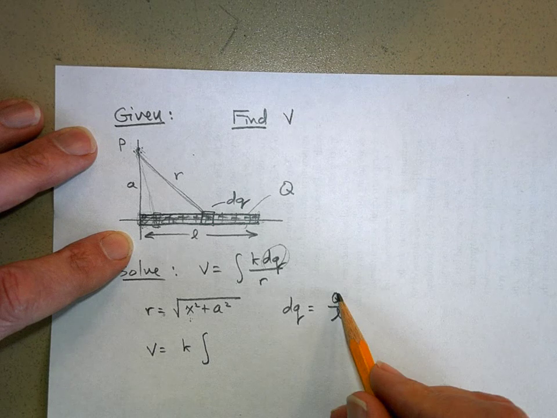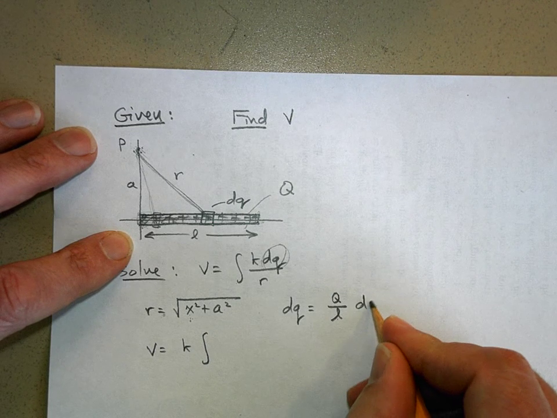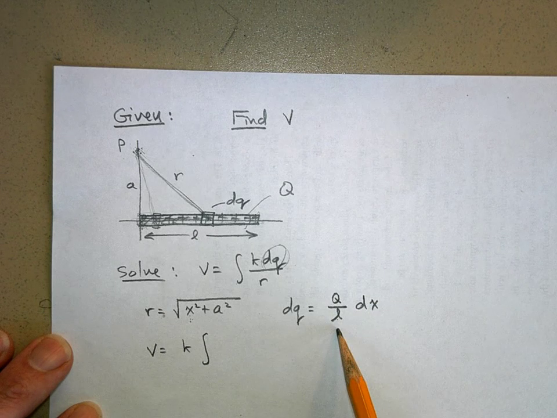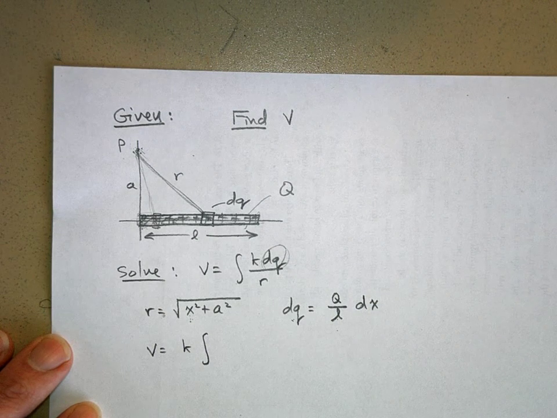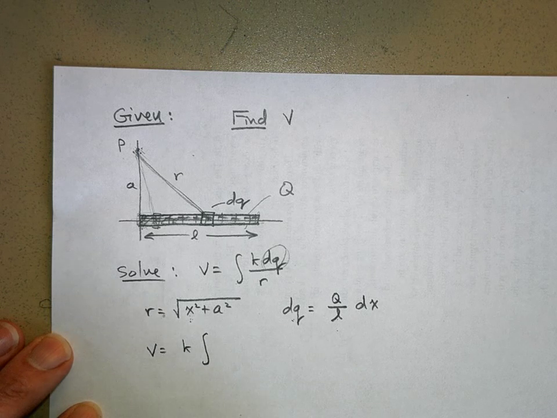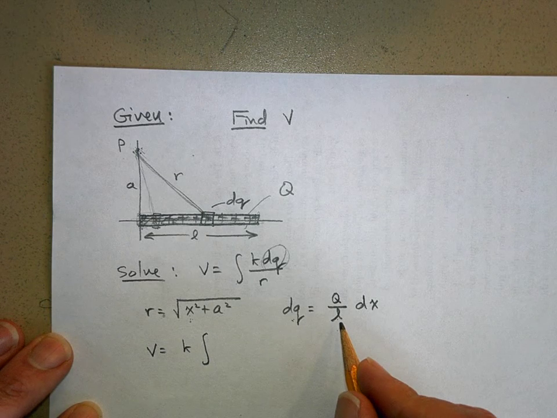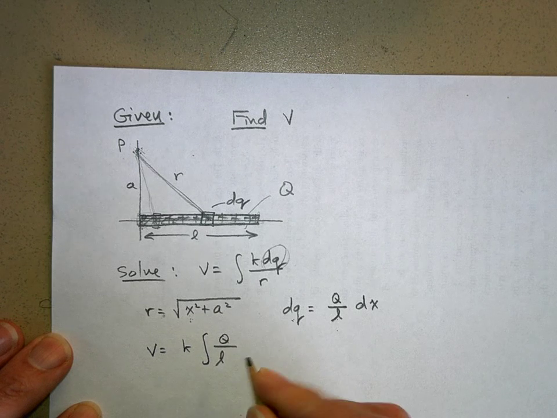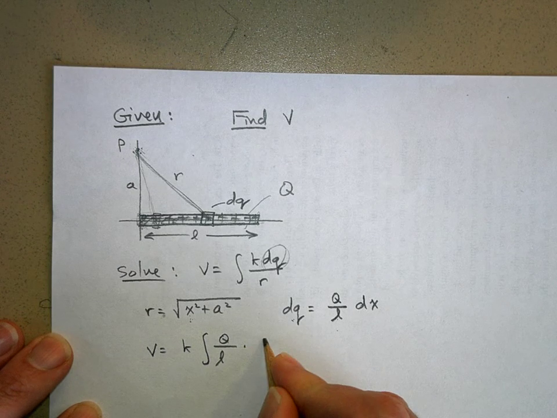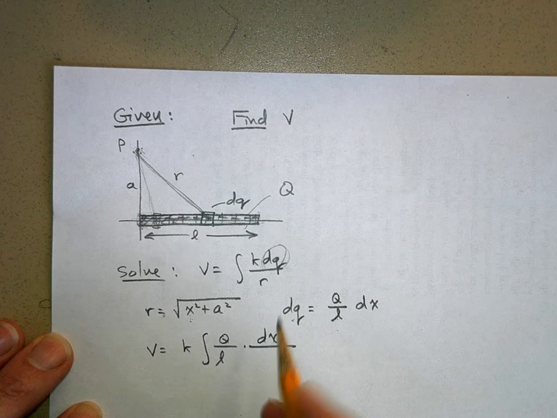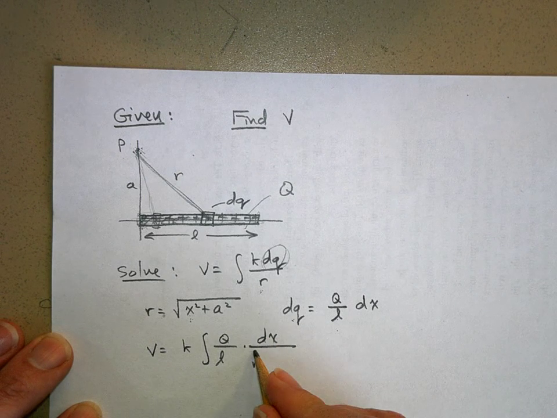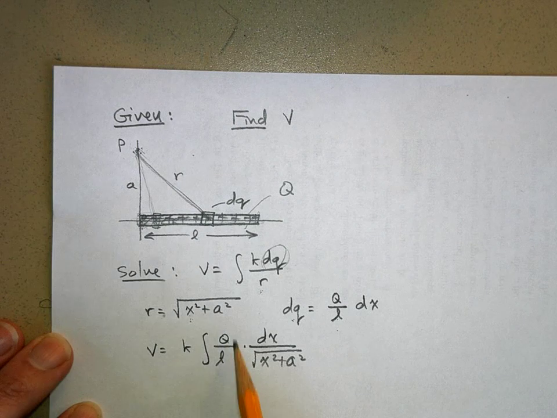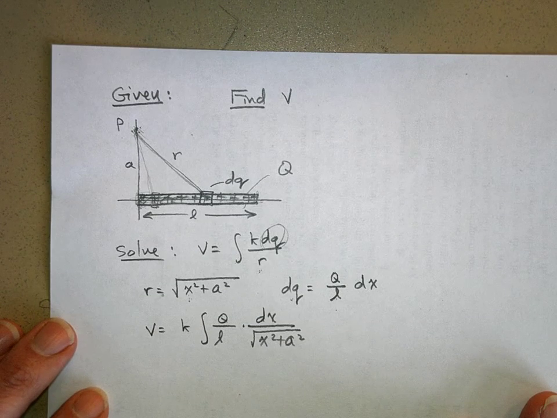So this is lambda times dx, right? A little tiny length times how much charge I've got per unit length gives me a little tiny charge. Well, that's kind of nice. So let's substitute that in for dq. We've got Q over L times dx over r, but r we said was the square root of x squared plus a squared. So let's rewrite it to make it look a little nicer.